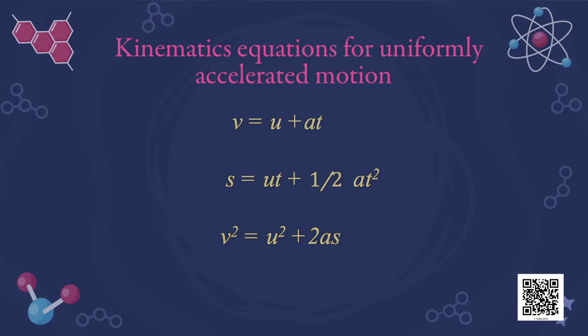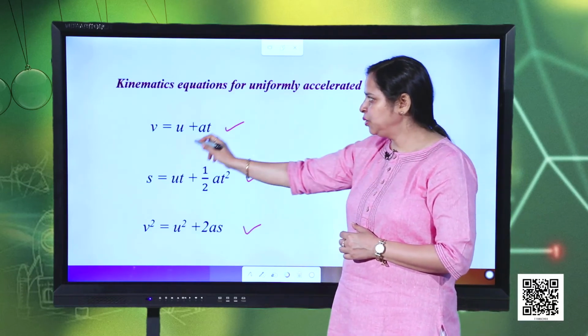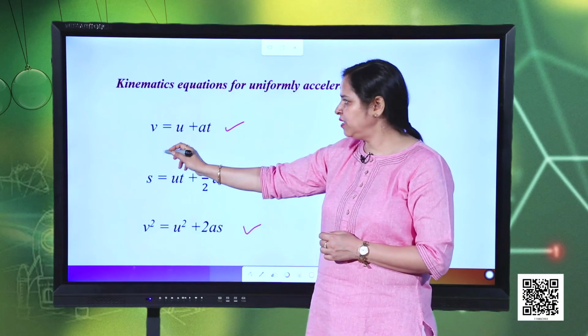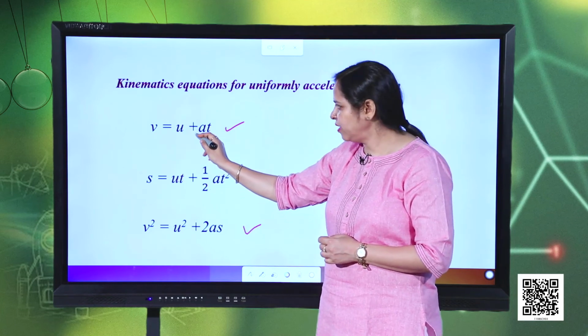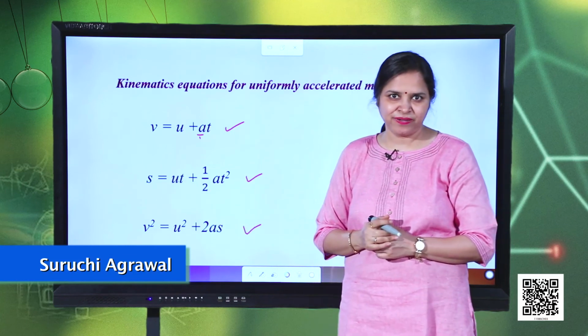So, these are the three kinematic equations for uniformly accelerated motion. The first equation is v is equal to u plus at, the second equation is s is equal to ut plus half at square, and the third equation is v square is equal to u square plus 2as, where the symbols are u for the initial velocity, v for the final velocity, a for acceleration, t for time, and s for displacement.